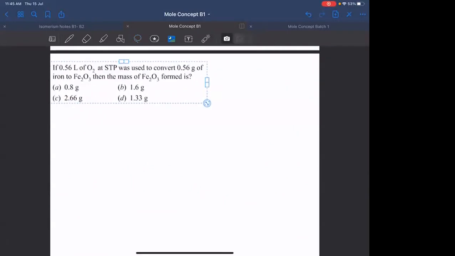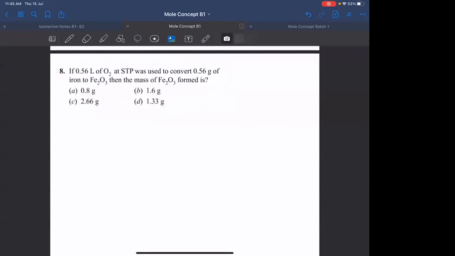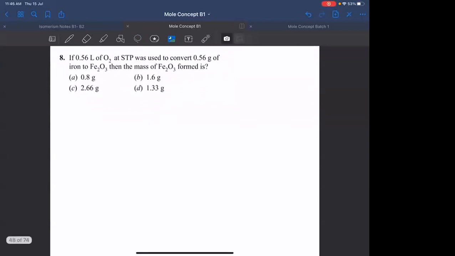Everyone, please solve this question. 0.56 liters of O2 at STP was used to convert 0.56 grams of iron to Fe2O3. The mass of Fe2O3 formed is.